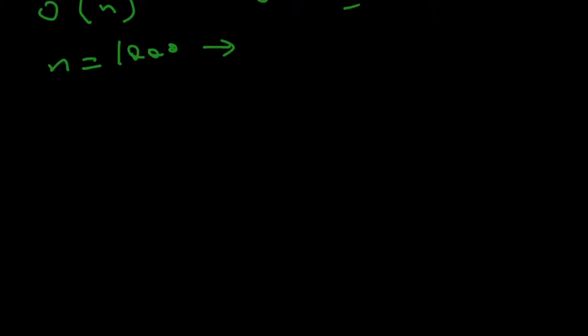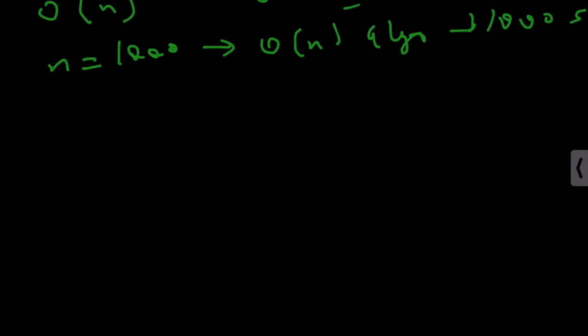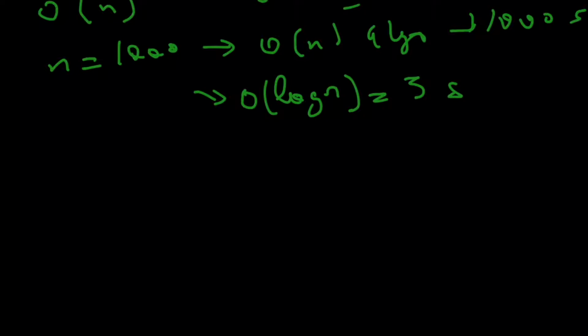Then the O(n) algorithm would take 1000 seconds to run, and the O(log n) algorithm would take log of 1000, which is just about 3 seconds. So you can see the solution is a lot faster. So this is the idea.